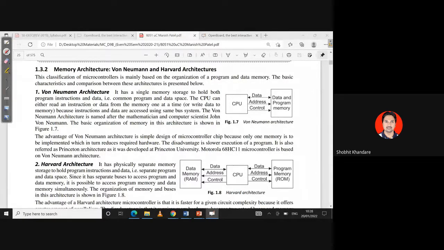The classification of microcontrollers is mainly based on the organization of program and data memory. So depending upon the organization of the memory, we have Von Neumann architecture and Harvard architecture. I am going to explain Von Neumann architecture and Harvard architecture, so pay attention now. Everyone has written memory architecture, Von Neumann and Harvard?